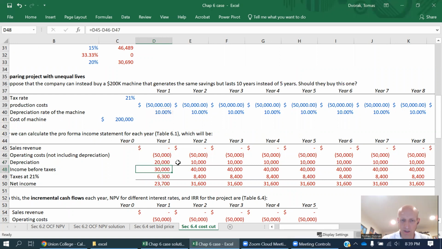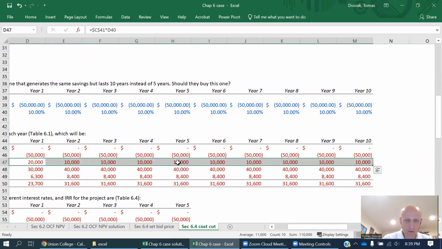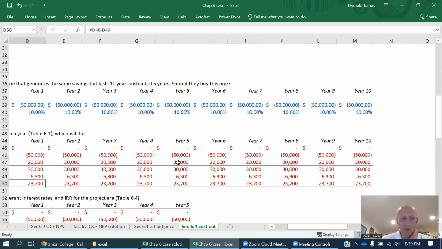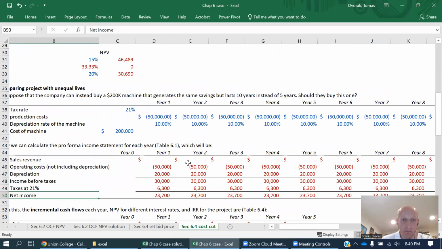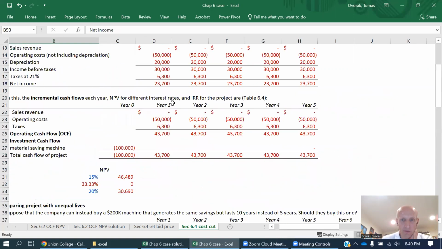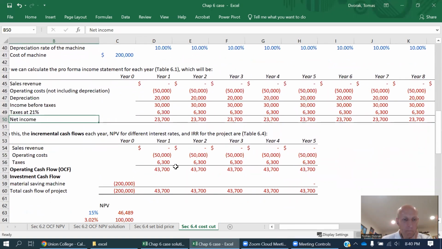Let's do that. Control R. Yeah, it's $20,000 depreciation. And so now the incremental net income is actually the same as before, except it lasts 10 years instead of 5 years.